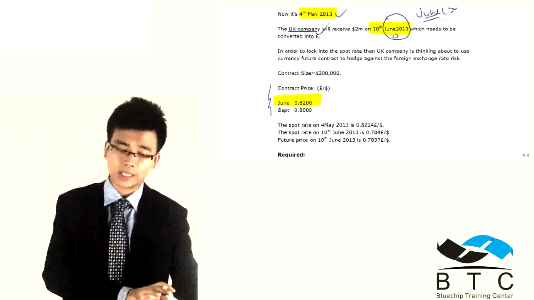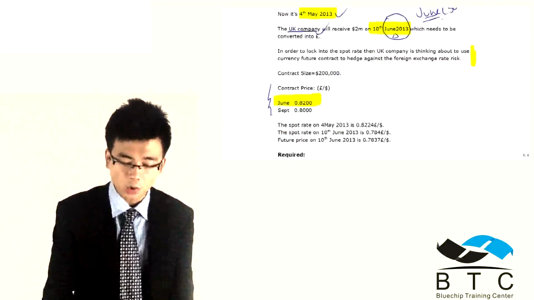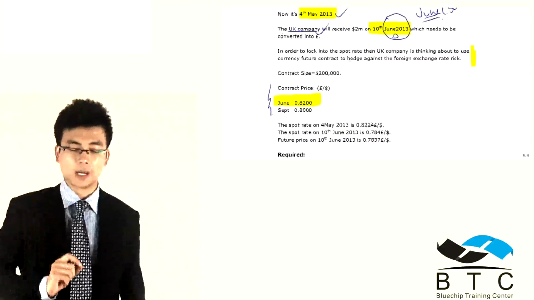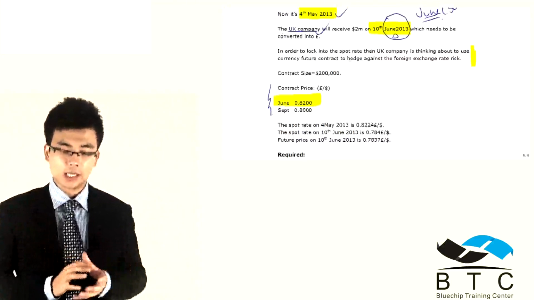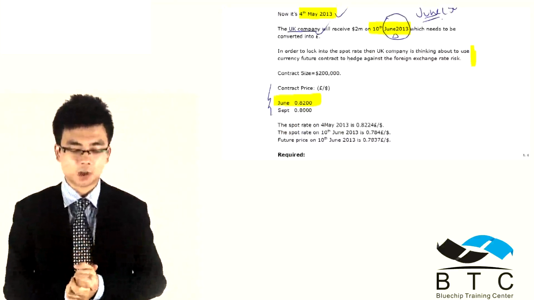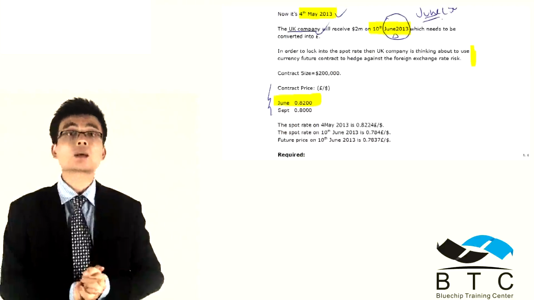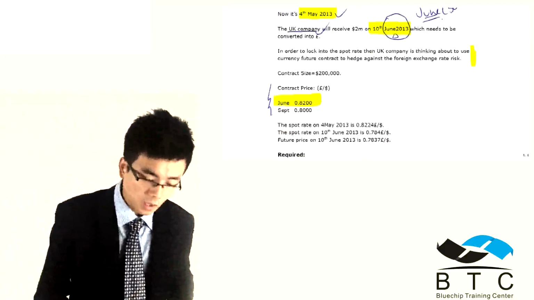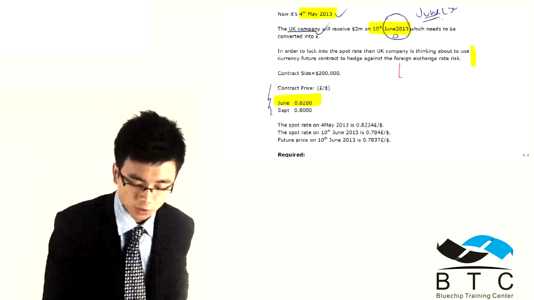So let's read the scenario now. So in order to lock into the spot rate, then the UK companies think about to use the currency futures contract to hedge against the foreign exchange rate risk. So here's the logic. Why do we use the currency futures contract?